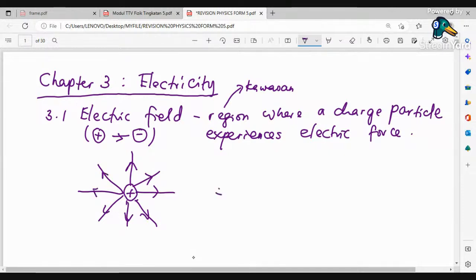If negative, inward, ke dalam, because it is positive to negative.